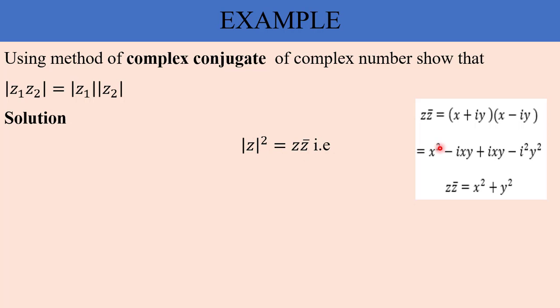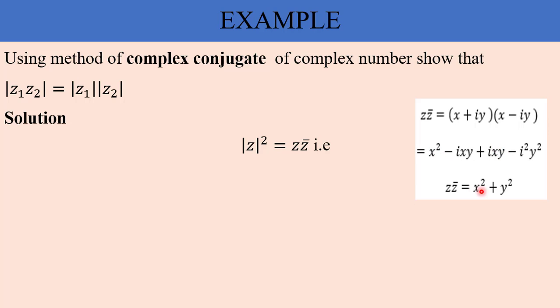This can be clearly shown here, where we have z times its complex conjugate. We shall have x plus iy times x minus iy. This will be x squared minus ixy plus ixy, then minus i squared y squared, whereby i squared is negative 1, so when we substitute we shall have positive y squared, and these two terms will cancel.